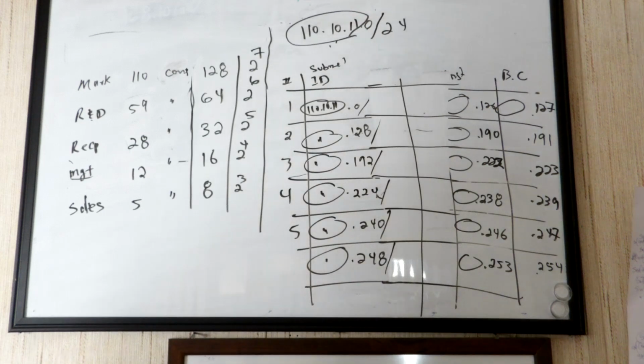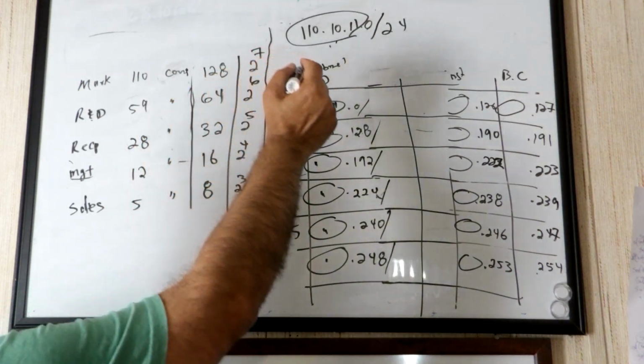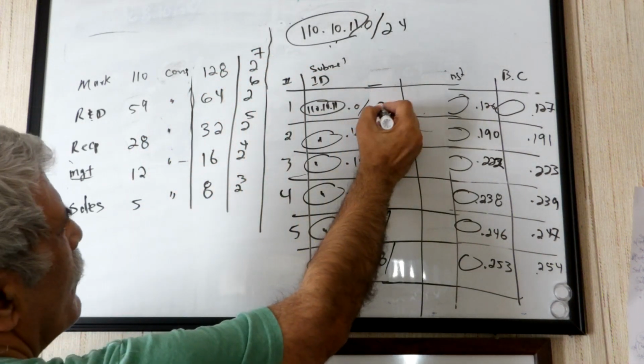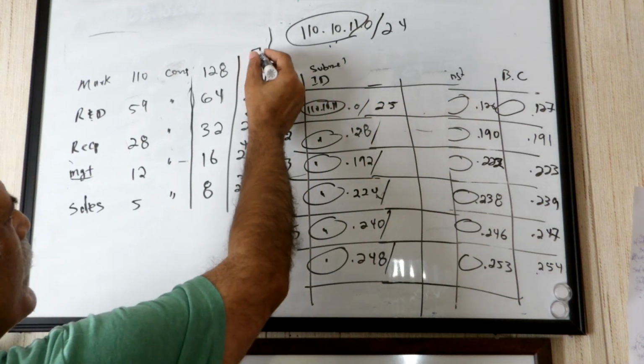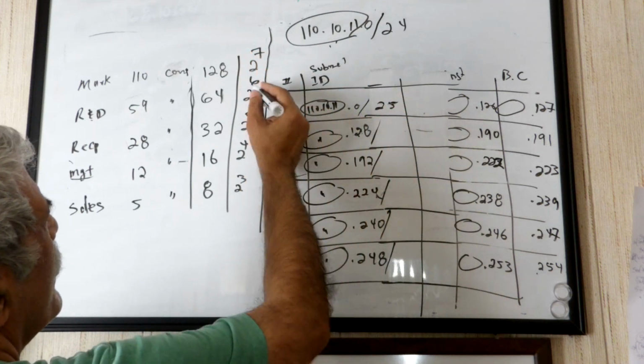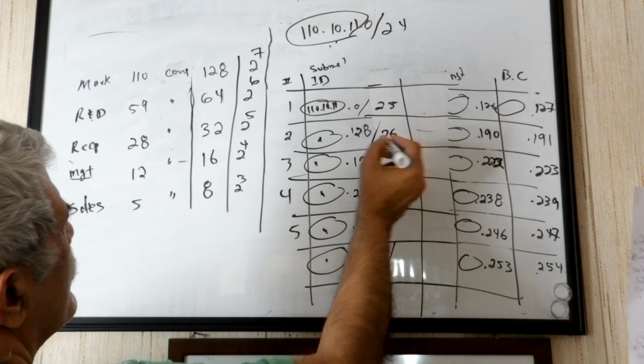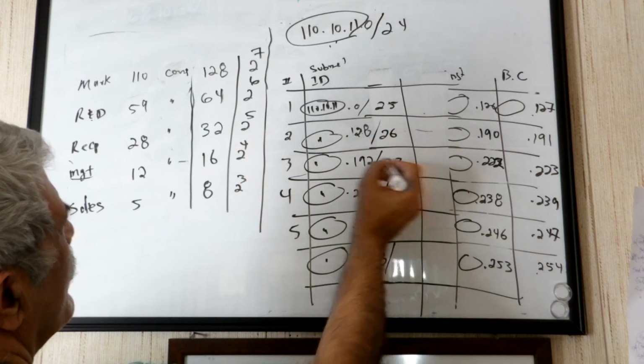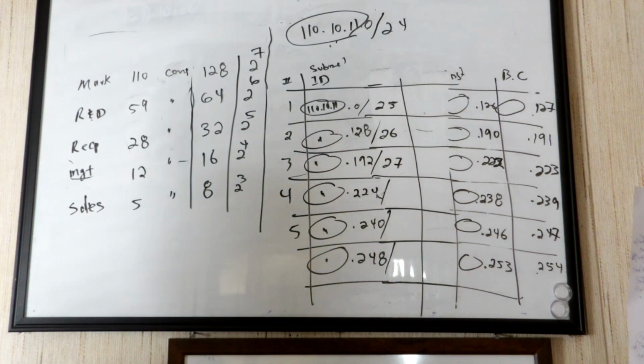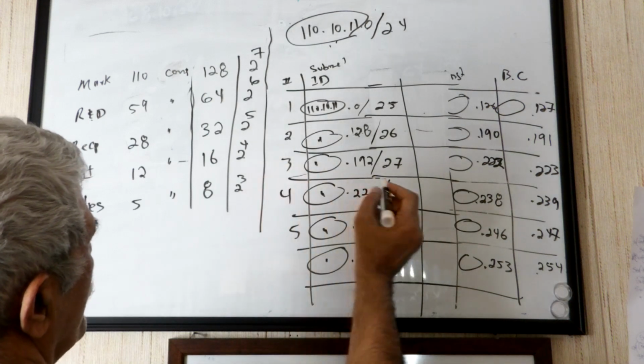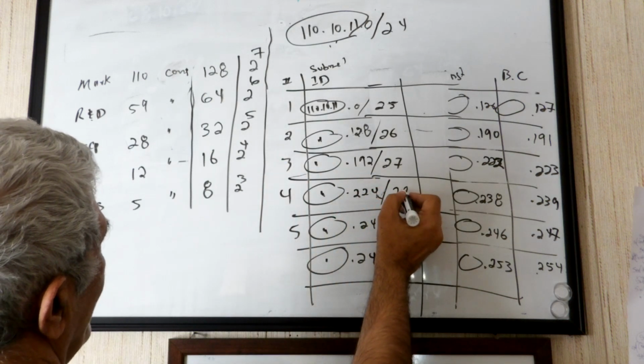What is the backslash for this one? 2 to the power of 7 is 128, so 32 minus 7 is going to be 25. 32 minus 6 is going to be 26. 32 minus 5 is 27, and for this one it's going to be 28.